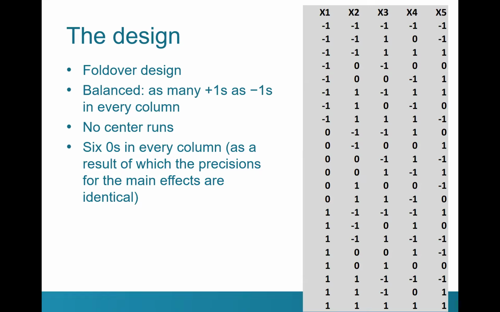Because the number of zeros in every column is exactly the same, you can estimate all the main effects of the 5 input factors equally well. And therefore, this particular OMARS design belongs to that category of uniform precision OMARS designs.